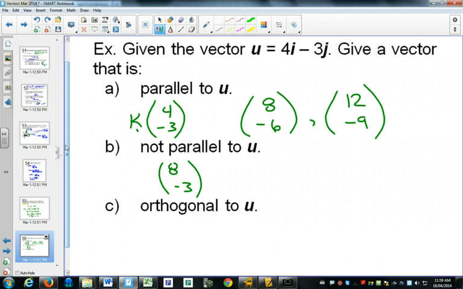Now for writing one orthogonal to u, what's going to need to happen is you could think the dot product has to be equal to 0. And probably what's the easiest in 2 dimensions for this is to think back to your lines and slopes from before. If two things are perpendicular or orthogonal, their slopes were negative reciprocals, which just means that you flip the fraction.